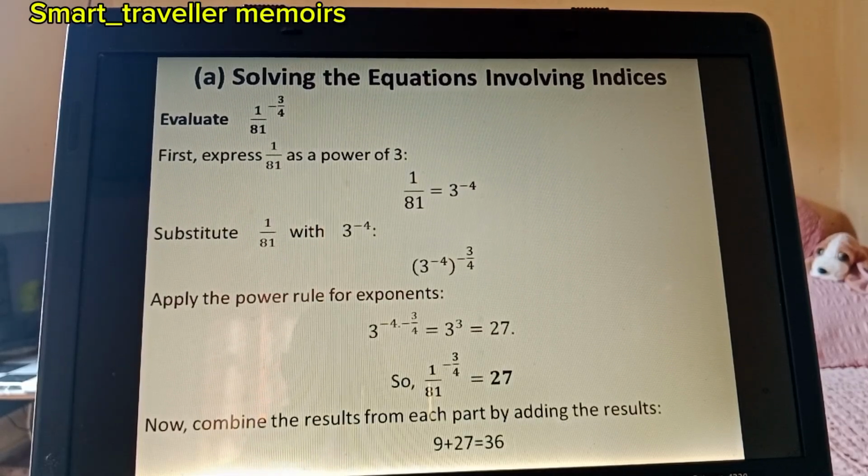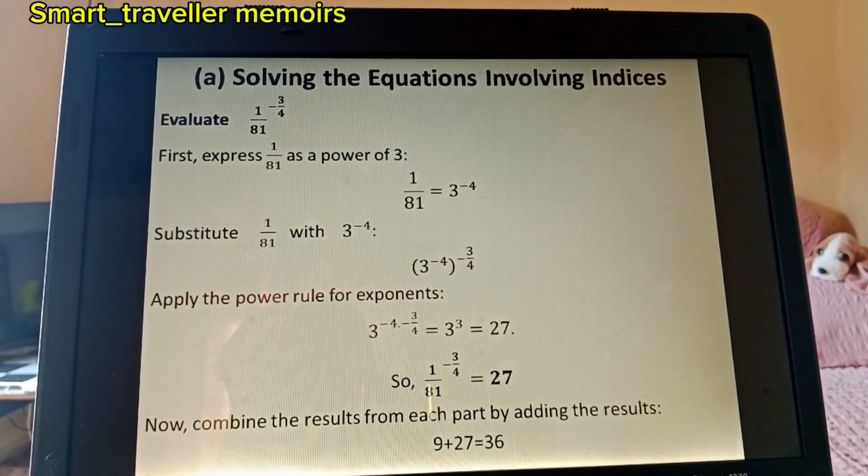And now, applying the rules of negative indices, 1 over 3 raised to 4 equals 3 raised to negative 4. Substitute 1 over 81 with 3 raised to negative 4, and therefore you get 3 raised to negative 4 in place of 1 over 81 raised to negative 3 over 4.